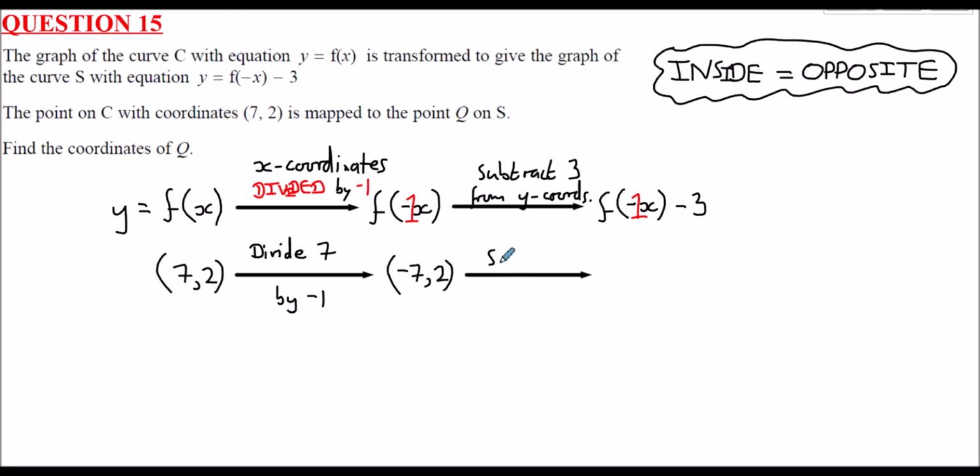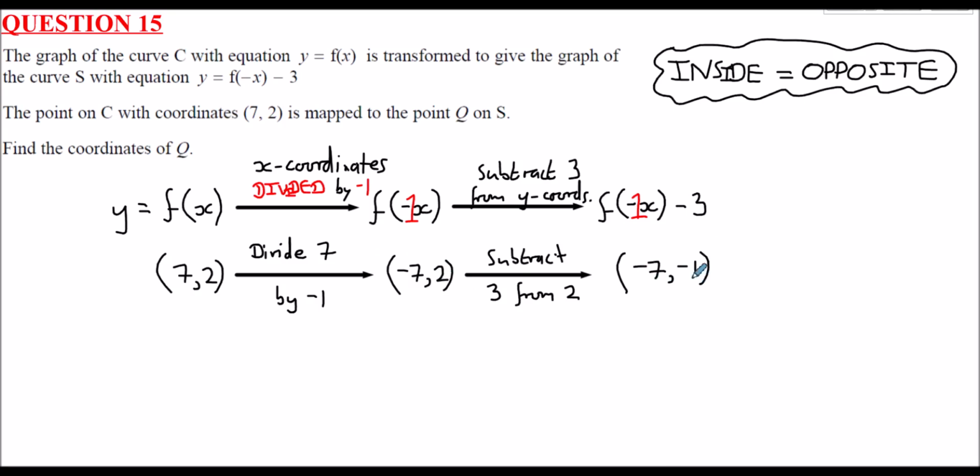So subtract 3 from 2. So 7, 2 goes to minus 7, 2 when we multiply the 7 by minus 1. And finally, we take this 2, subtract 3 from it, and we get minus 1.